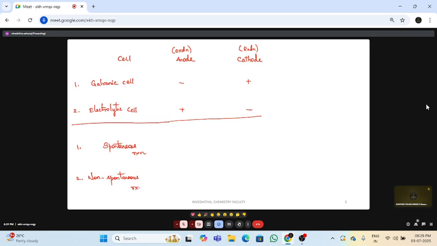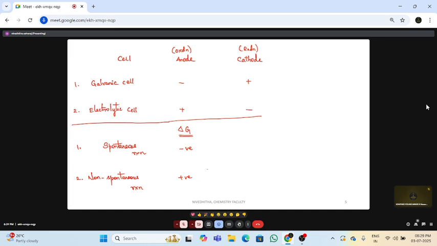If the chemical reaction is happening by itself, then that is called a spontaneous reaction, right? What will be the sign of delta G for a spontaneous reaction? Negative. Very good. The sign of change in Gibbs free energy will be negative for a spontaneous reaction, and for a non-spontaneous reaction, it must be positive.